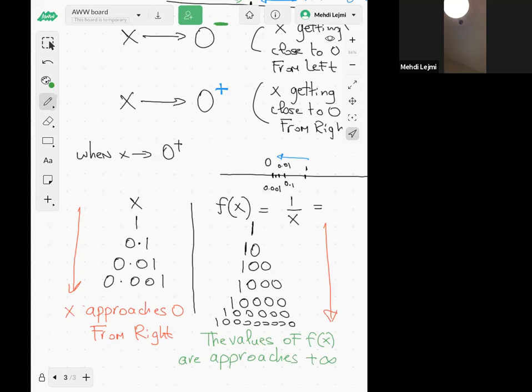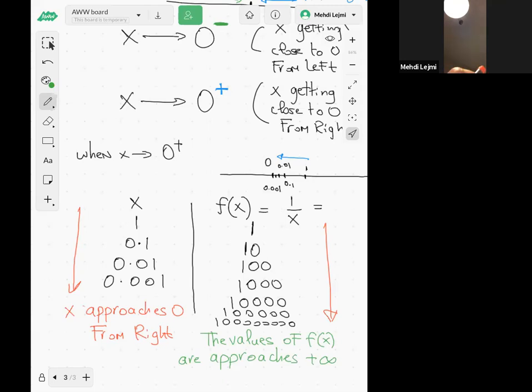You go from 1 million, 10 million, 1 billion, etc., and you're approaching infinity. Think of infinity like a very, very large number.